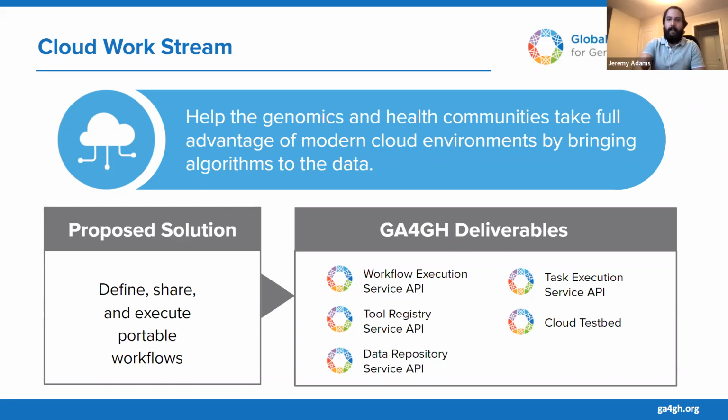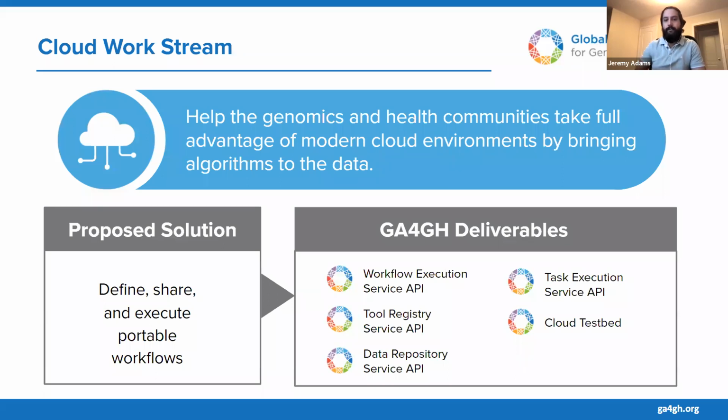So to meet that challenge, the Cloud Workstream has released a suite of 4 API specifications, and they enable cloud-based genomic analysis that is platform agnostic, so not tied to any particular cloud infrastructure. The Tool Registry Service, or TRS, provides a standardized interface for accessing workflow algorithms.